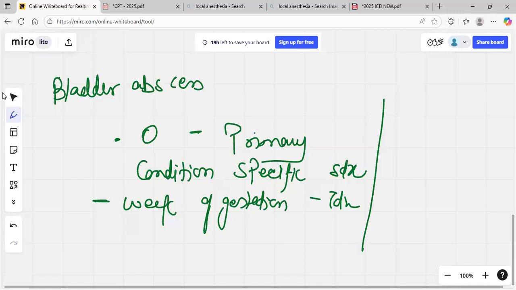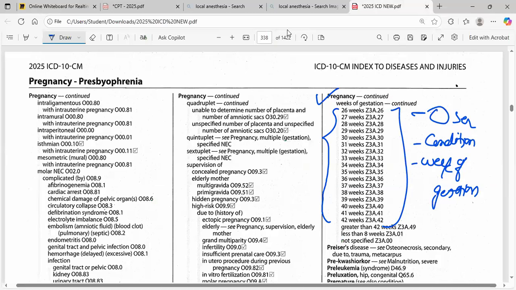So the patient has a bladder abscess and the patient is 25-week pregnant. As this condition is during pregnancy, we have to refer to pregnancy in the index, and under pregnancy we will look for the abscess.